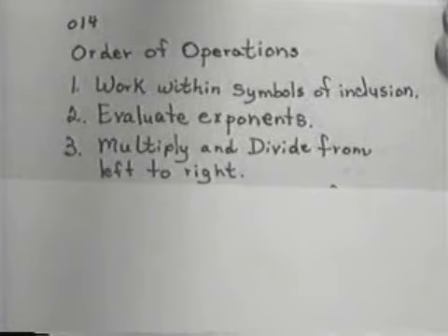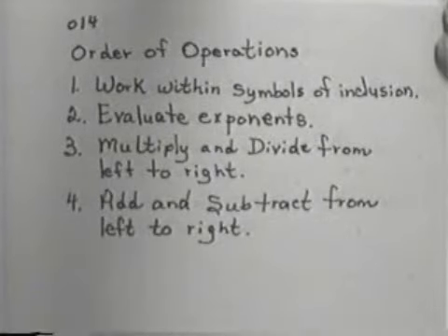And then finally, our fourth step was to add and subtract from left to right. So these are the 4 rules we're going to follow, the order in which we're going to follow to work with problems that involve several operations.